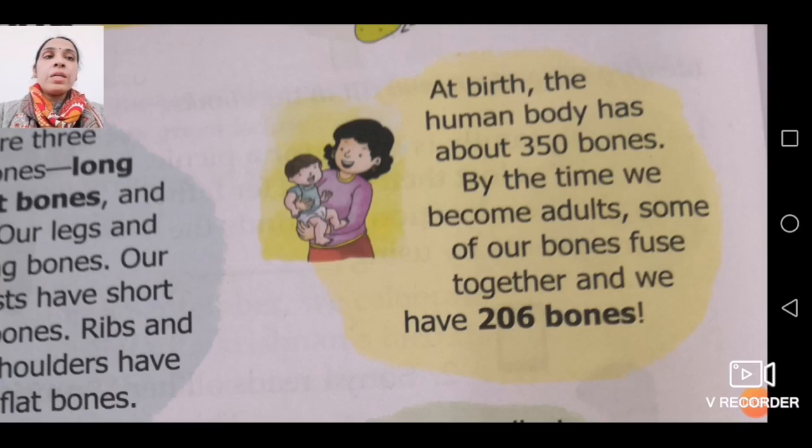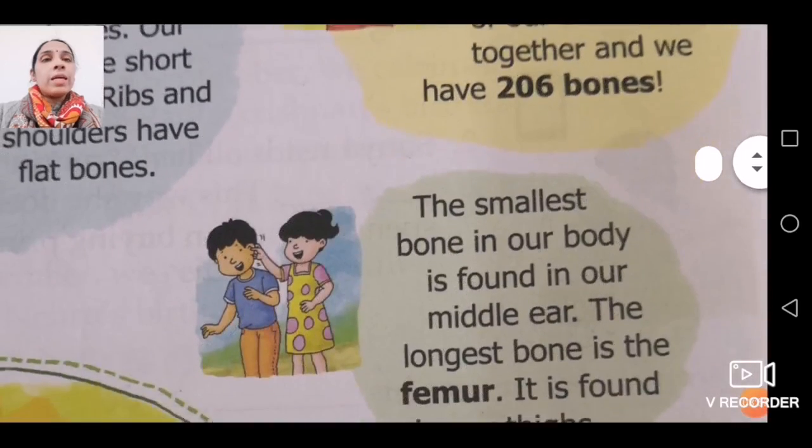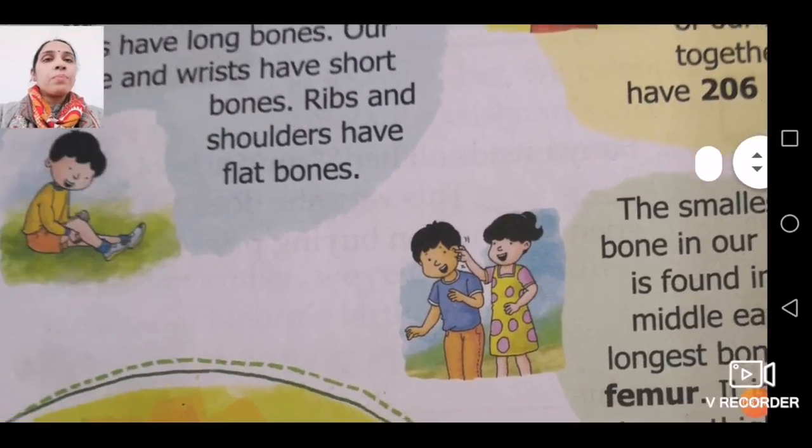So what you are going to learn or remember here is that at the time of birth a child has 350 bones, and on becoming an adult some of the bones fuse together, and then that child has 206 bones. Now come to the next part of that page.